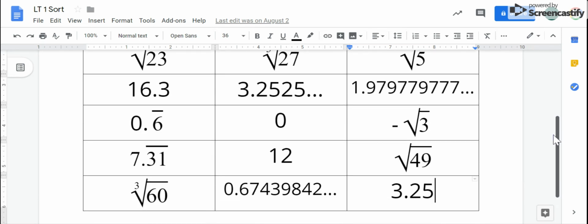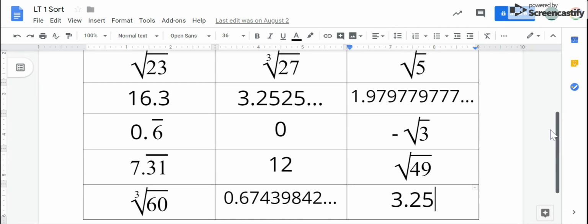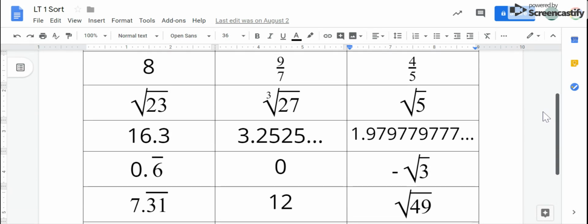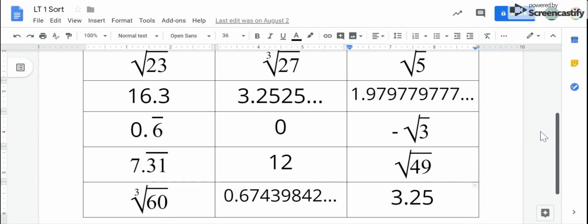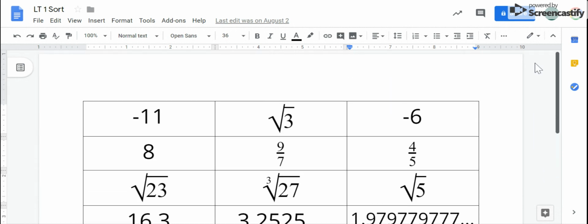So some students grouped these into groups of integers. They put all the decimals together. Maybe some students put all the roots together, even cube roots, square roots, fractions together. Some groups even separated the positives from the negatives. So that was from today's activity.